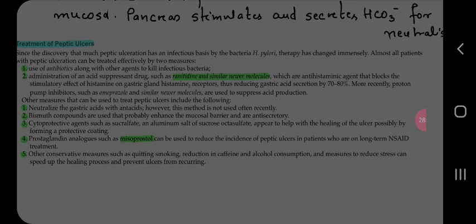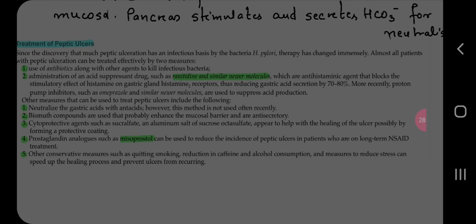Other measures that can be used to treat peptic ulcers include the following: neutralizing the gastric acids with antacids, although this method is not used much recently. Bismuth compounds are used that probably enhance the mucosal barrier and are anti-secretory.